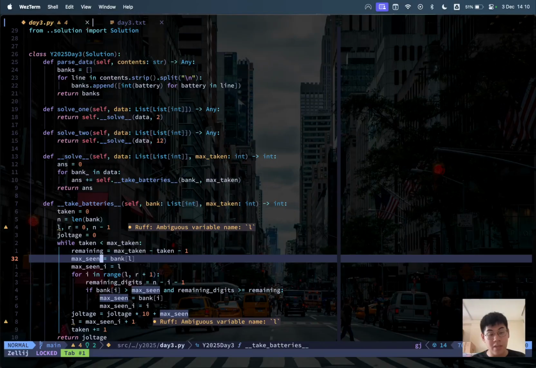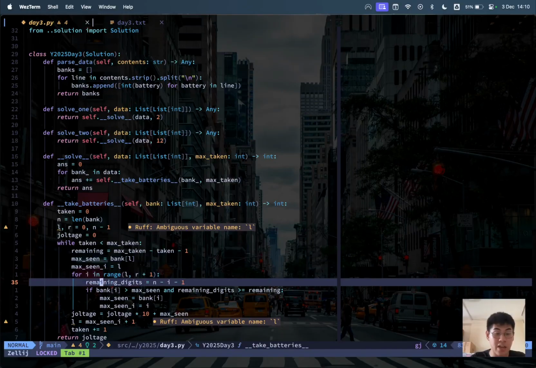So essentially what we do is we go through this entire range we have available to us, and we see how many digits are remaining, which is basically n minus the current position i. If bank[i], the current number that we're seeing, is greater than the maximum we have seen so far, not equal to, because with equal we want to keep the leftmost digit that is largest, and there are enough remaining digits for the subsequent algorithm to take some more, we can set the maximum seen and the index.